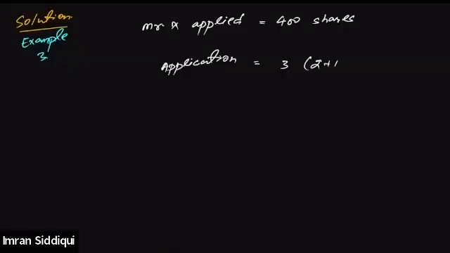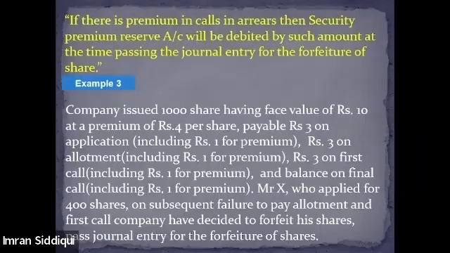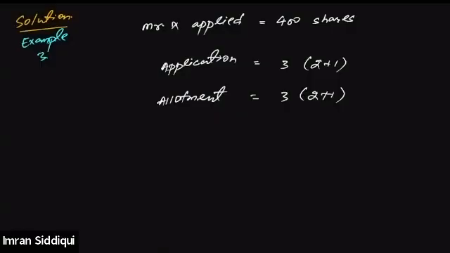That means 2 plus 1: 2 is the face value and 1 towards the premium. Then for allotment as well, 3 rupees. That means 2 plus 1. And on first call, 3 rupees again, 2 plus 1, and the remaining on the final call.